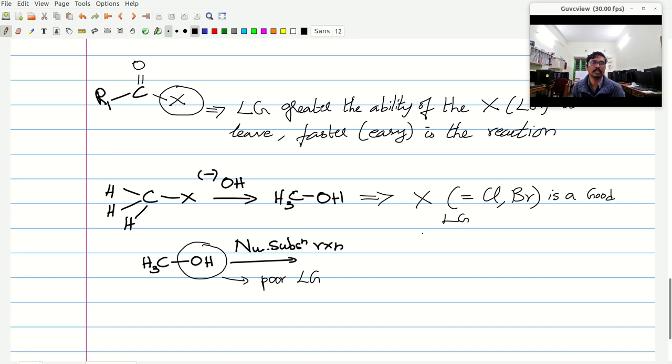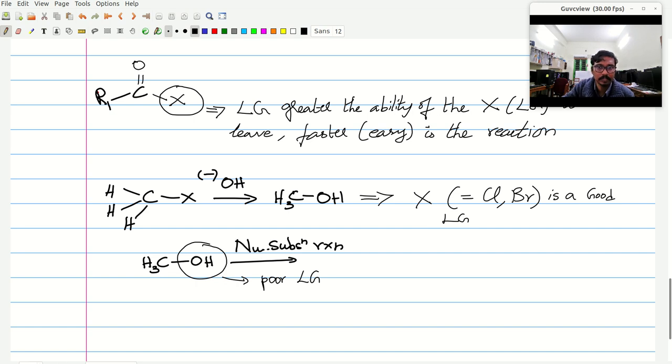Similarly, in the case of nucleophilic acyl substitution reaction also, we can say whether the reaction happens quickly or faster depending on the ability of the leaving group.